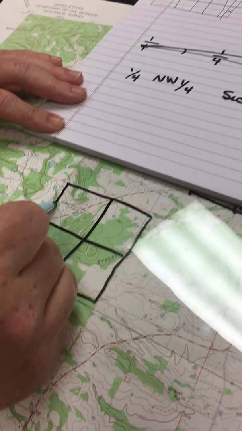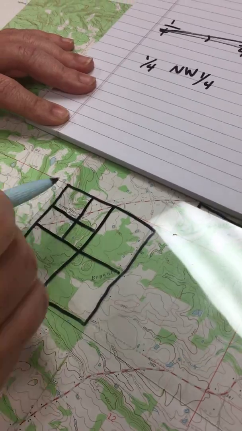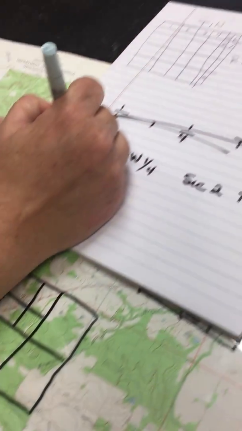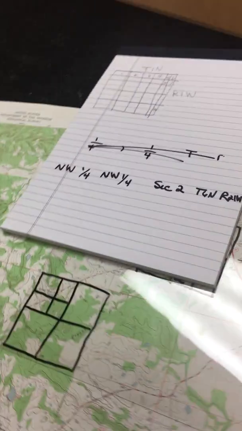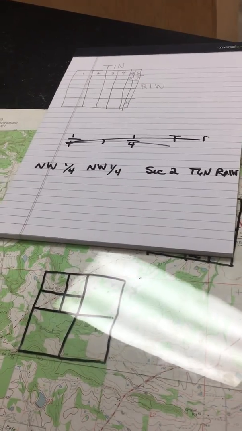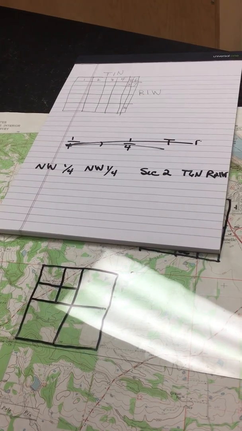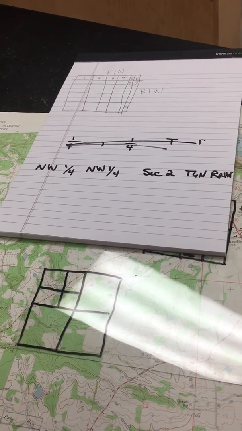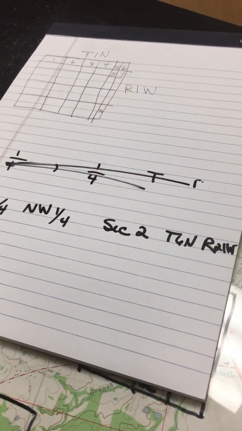And we're going to do it again. And you'll see again we're in the northwest quarter. So when you say this out loud, if I said, please meet me at the gravel pits, I would tell you that it's in the northwest quarter of section 2, Township 6 North, range 21 West.